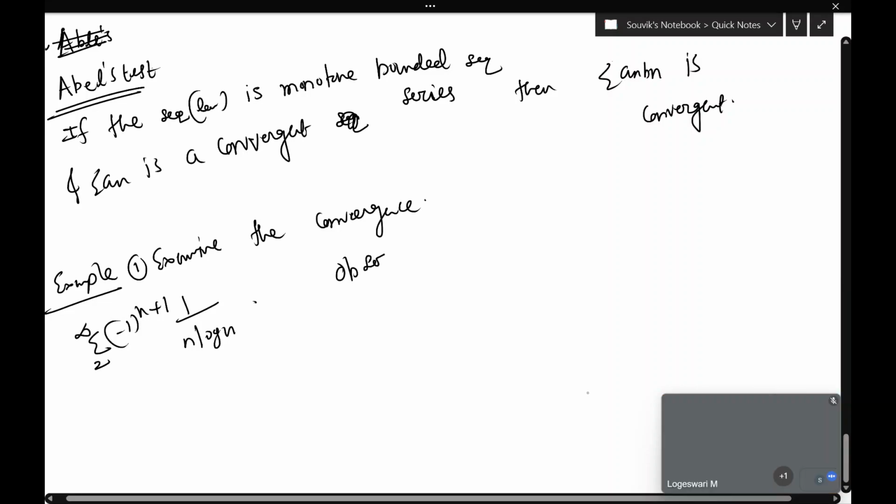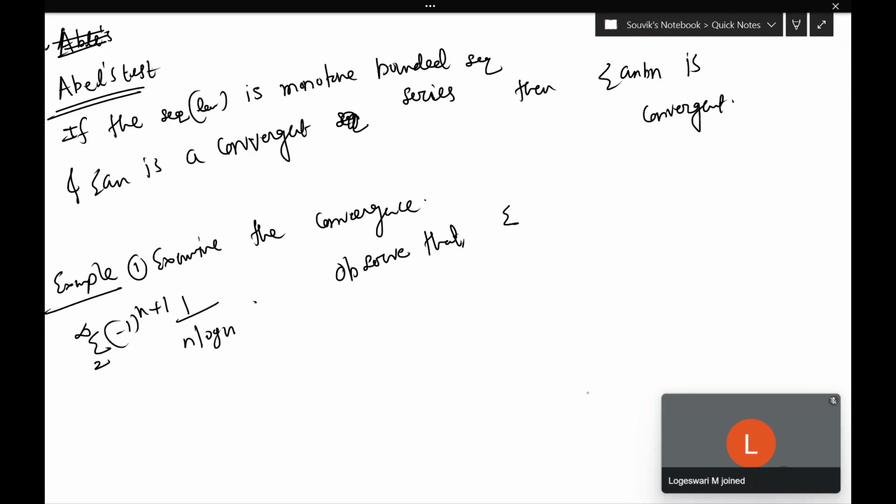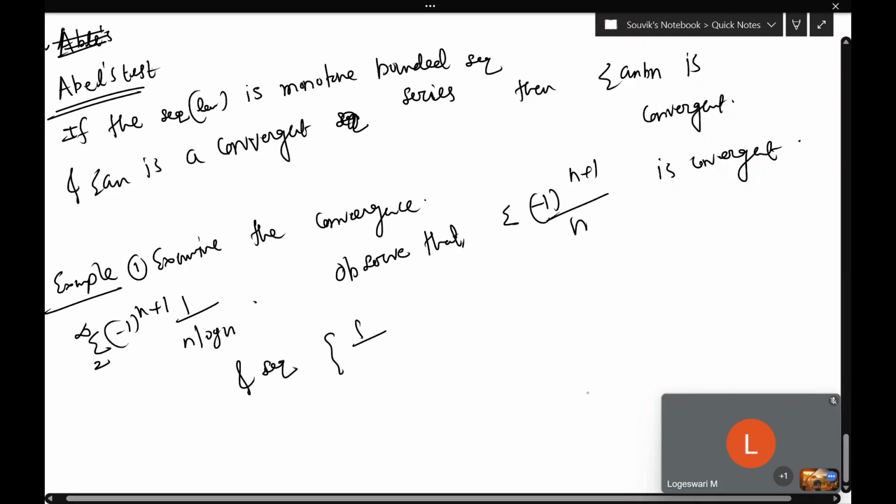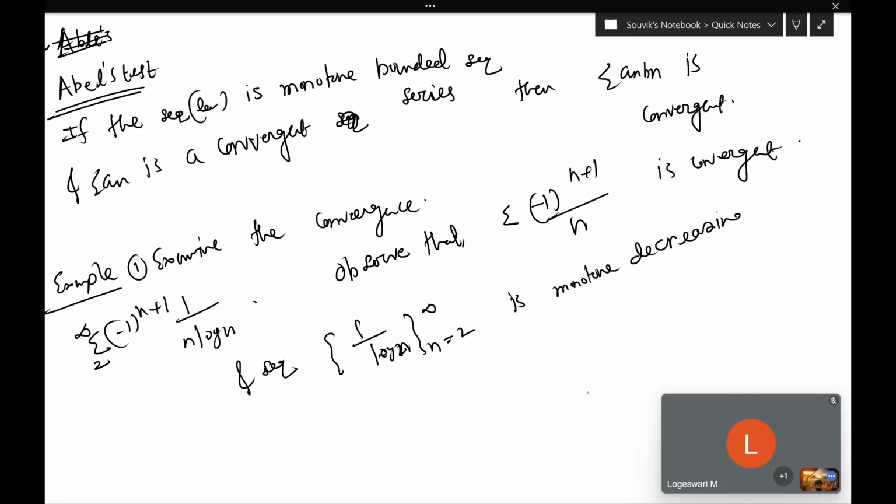Observe that the summation of (-1)^(n+1)/n is convergent, and the sequence 1/log n, from n equal to 2 to infinity, is monotone decreasing and bounded.